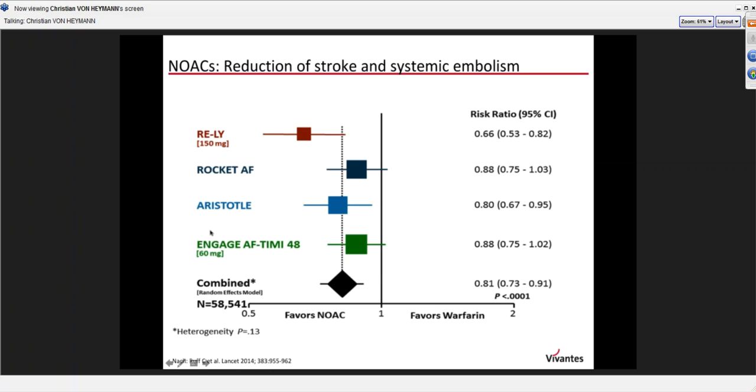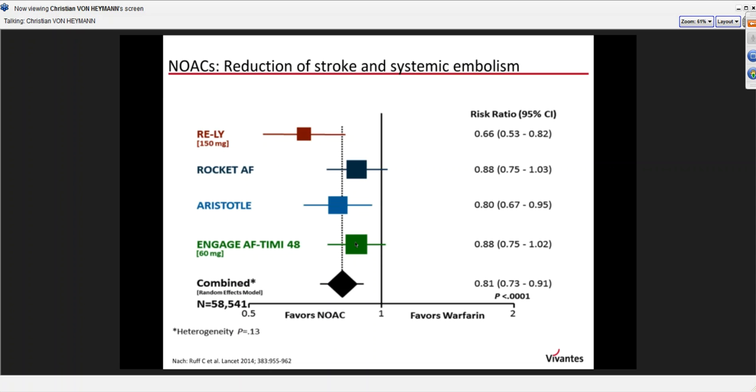You see that all the drugs were either significantly better, like apixaban or dabigatran in the prevention of stroke, or they were not inferior compared to warfarin, which was true for rivaroxaban and edoxaban. So that was the basis for the approval status in Europe, and I think also worldwide, that we have for the NOACs so far.